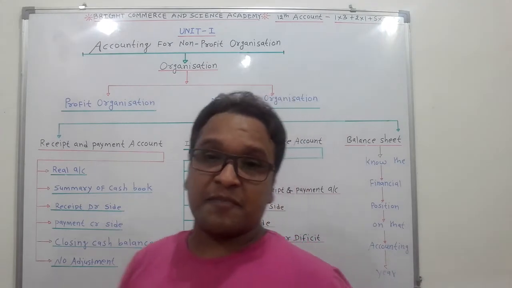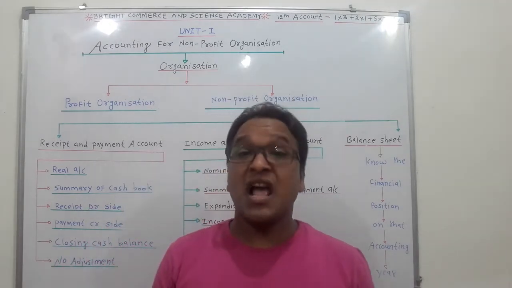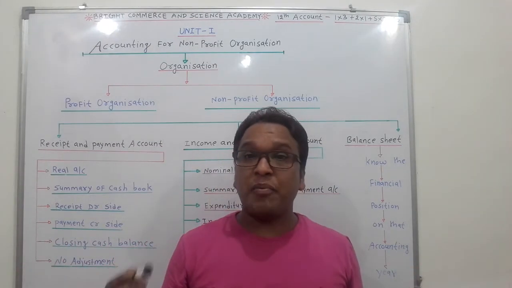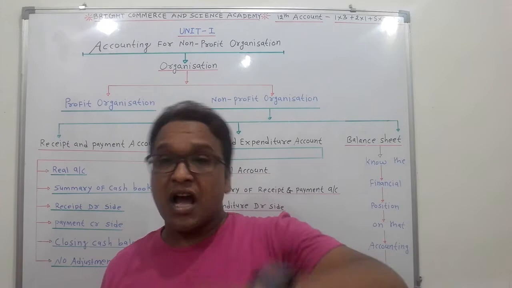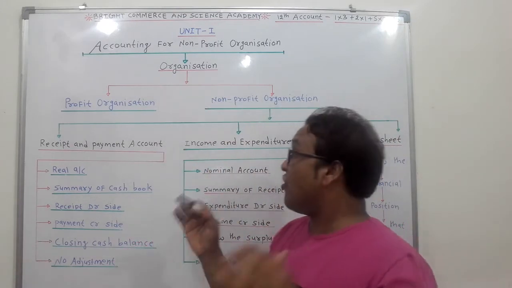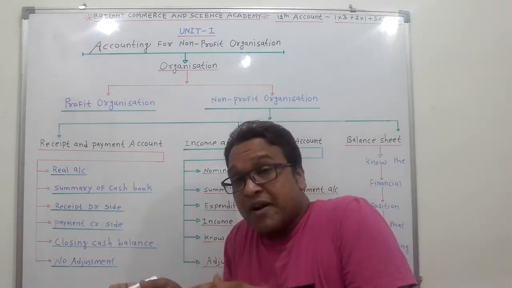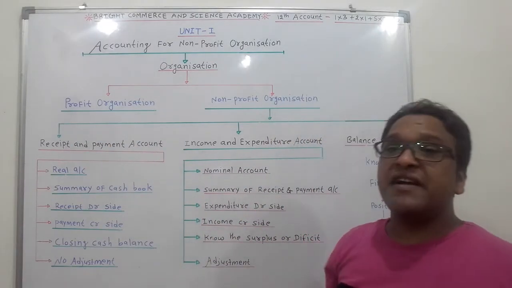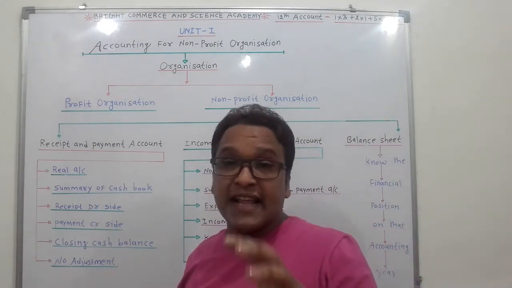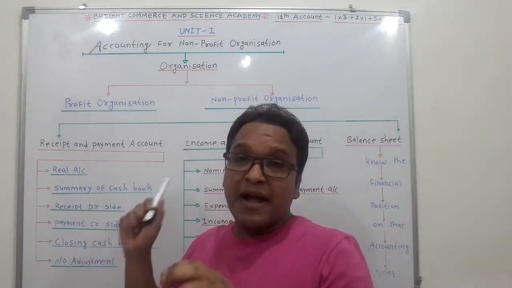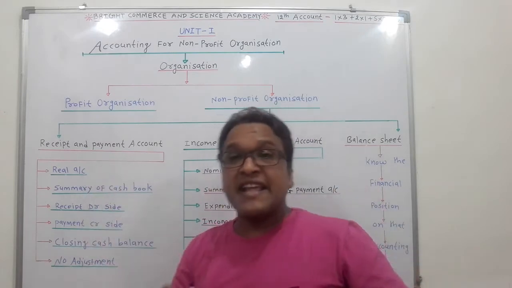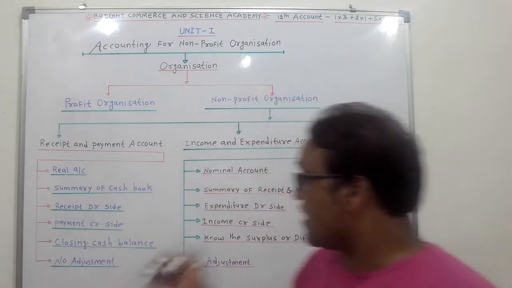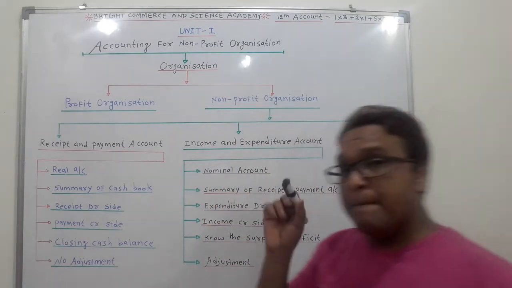Next, income and expenditure account. The income and expenditure account is a nominal account, a summary of the receipt and payment account, because the income and expenditure account is prepared with the help of the receipt and payment account. All the expenditures are recorded on the debit side and all the incomes are recorded on the credit side of the income and expenditure account.